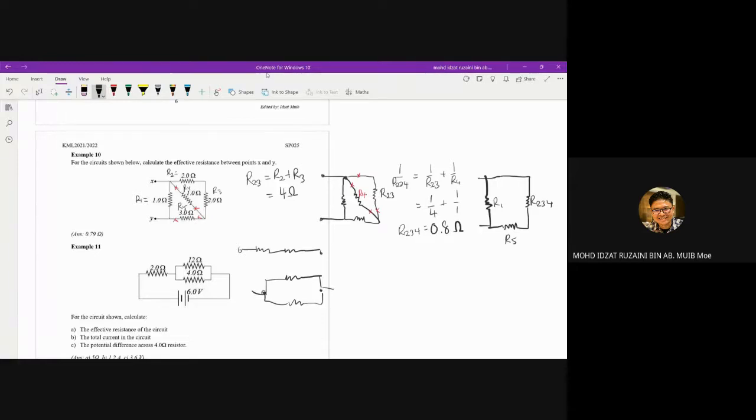Okay, so kamu nampak situ sebenarnya which one you have to solve? R234 dengan R5. Bukan R1 ah. R1 dia bukannya mana-mana lagi. Dia bukan series, dia bukan paralel R1 ni. Dia masih lagi single di situ.